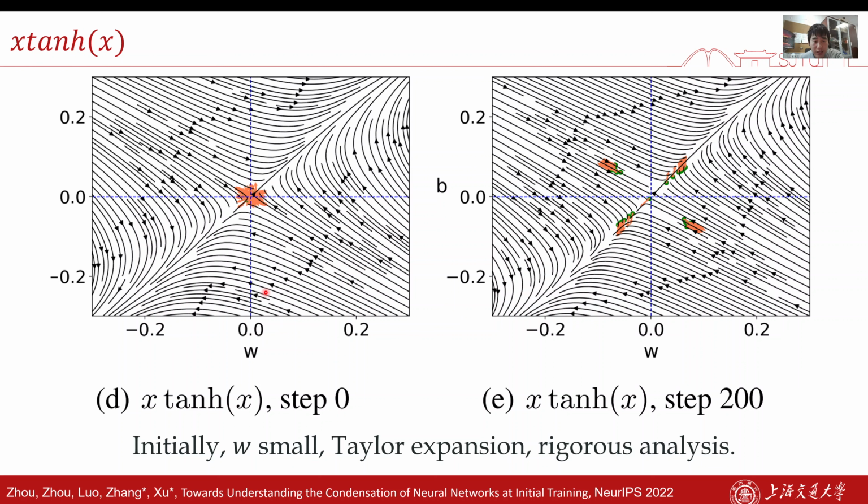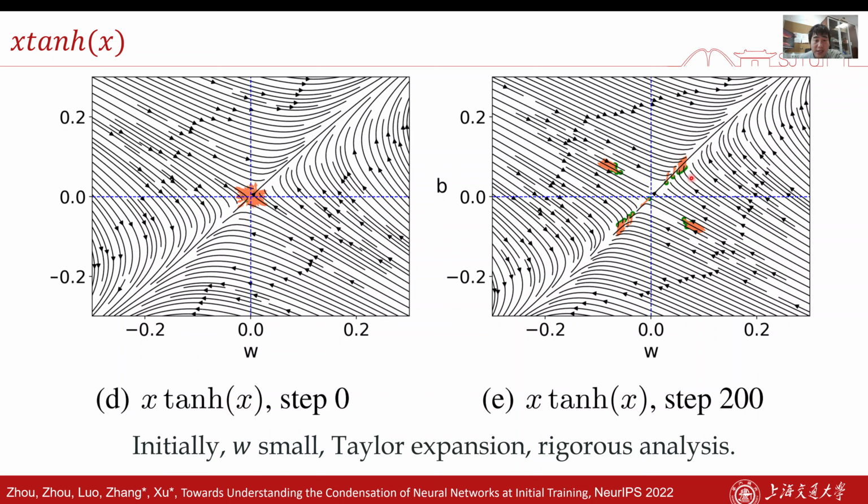At initialization, we can see all neurons are around the zero point because we have a very small initialization. After training, we can see they evolve towards some specific directions. Why? Because in this field, there are four directions that are stable, meaning once neurons go into this direction, it will stay the same.